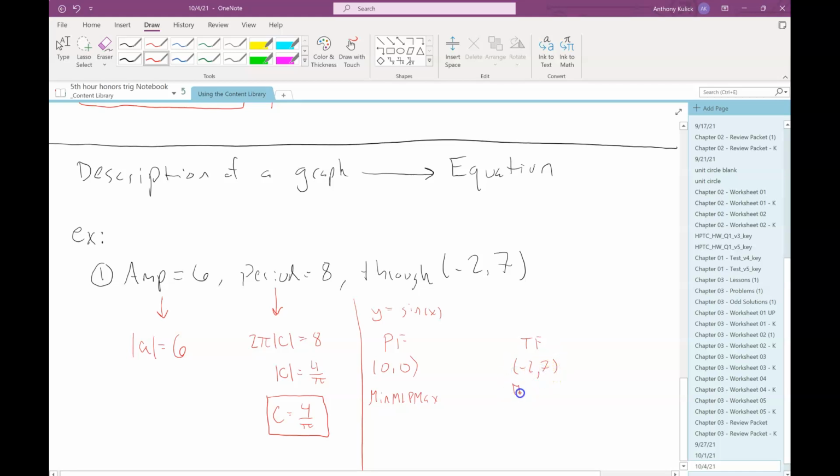So I'm going to choose that this point (-2, 7) is the exact same kind of midline point as (0, 0) was. So that tells me that the A needs to be positive.